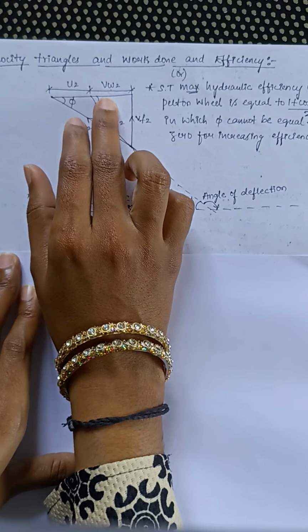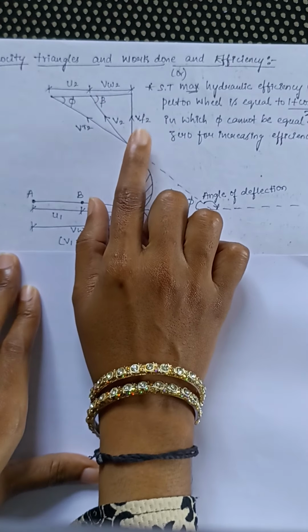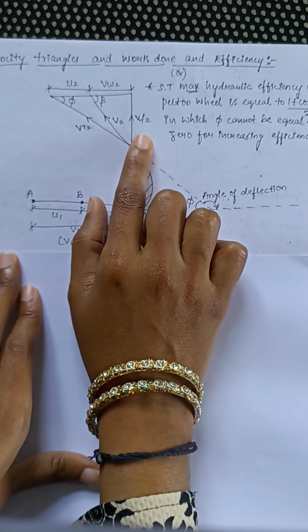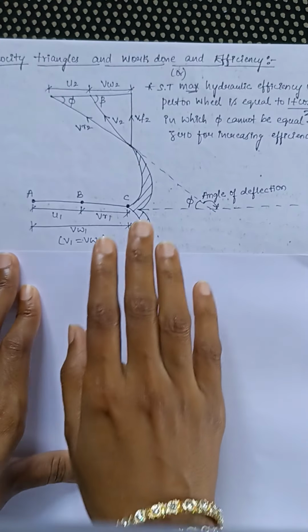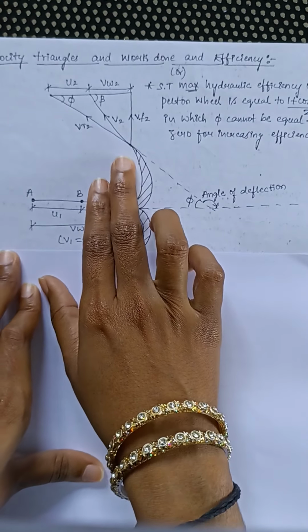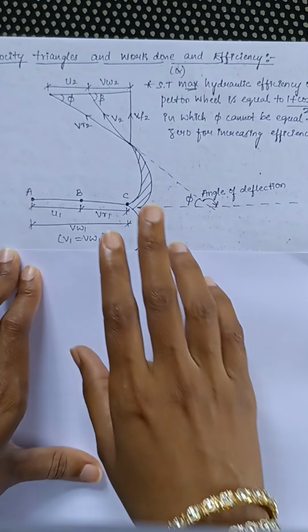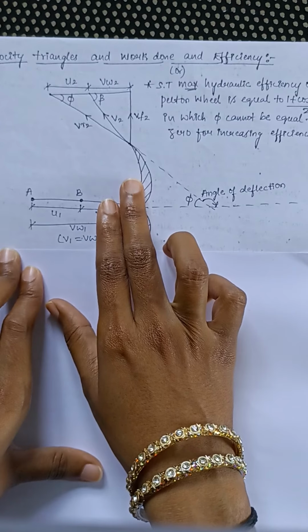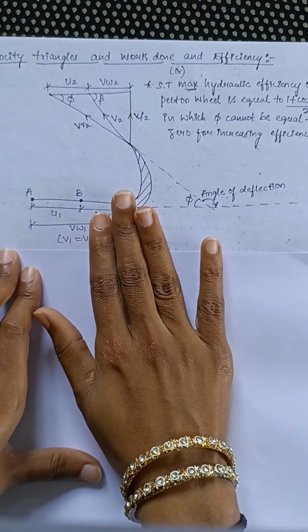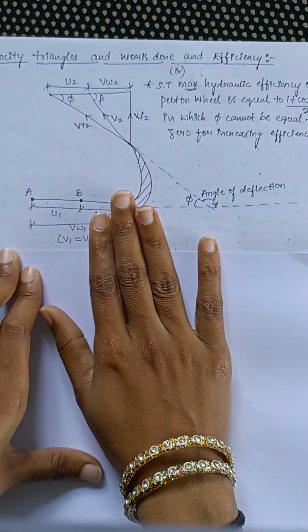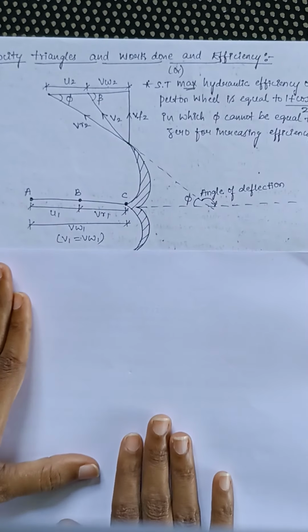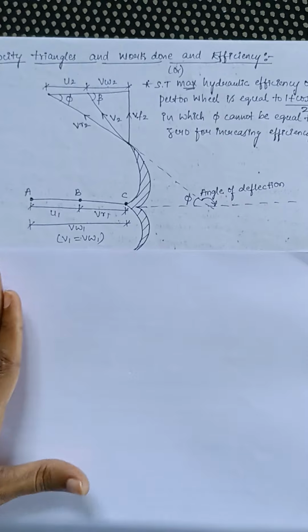Similarly, VW2 represents the whirl velocity at the outlet tip, and VF2 represents the velocity of flow at the outlet. Now this is how the velocity triangle looks like in the Pelton wheel turbine at the outlet of the bucket tip. So now with respect to these two velocity triangles, we have to derive the equation of hydraulic efficiency. So let us start deriving this.